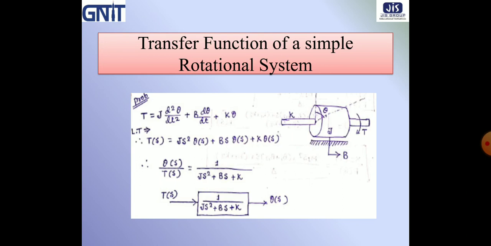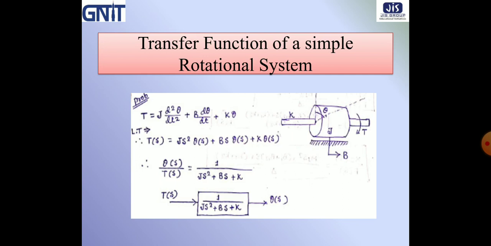Here what is the output and what is the input? Here one torque is given, that's why the angular displacement occurs. So angular displacement is the output, and we give torque as the excitation.